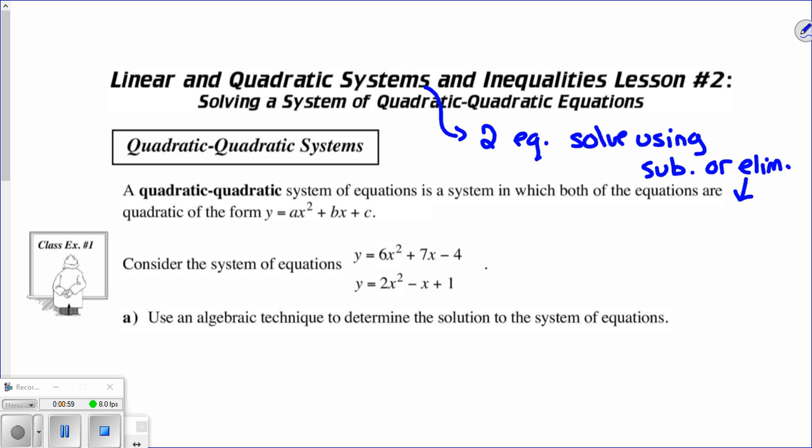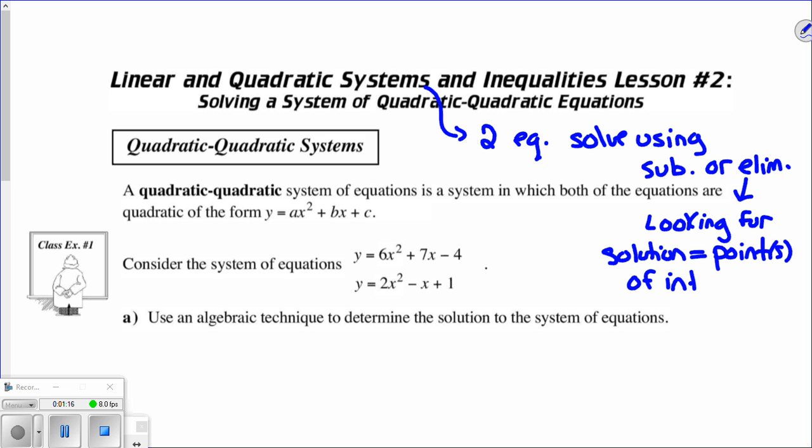And what we're always looking for, the solution, is the point or points of intersection. So in grade 10, we would have just looked at something on a graph like this. We would have only looked at linear things.